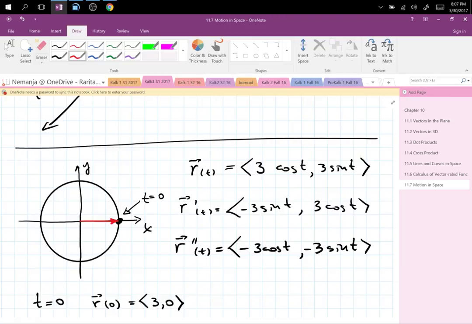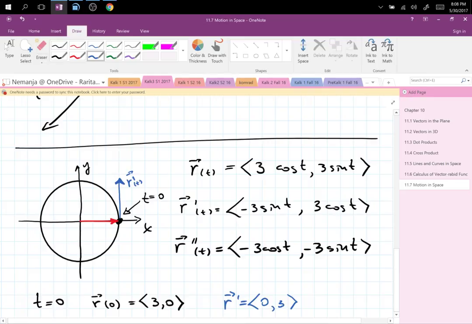Now, at that point, we have a vector r prime, which is the velocity vector, which is going to be 0 and 3. Now, the 0, 3 vector from the position where the object is this one. So this is your r prime of t.